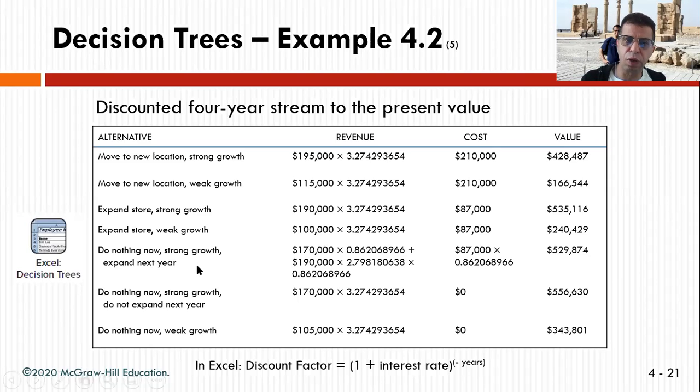And this is another way of doing the calculation, where they give you the percentage, which is the discount factor: 1 plus the interest rate.